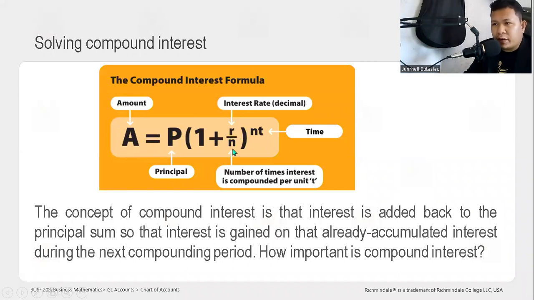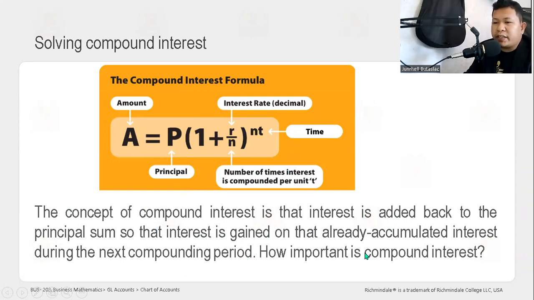So yeah, over N, times or raised to the power of NT, where T is the time and N is the number of times interest is compounded per unit. Okay. All right. So the concept of compound interest is the interest is added back to the principal sum so that interest is gained on that already accumulated interest during the next compounding period.